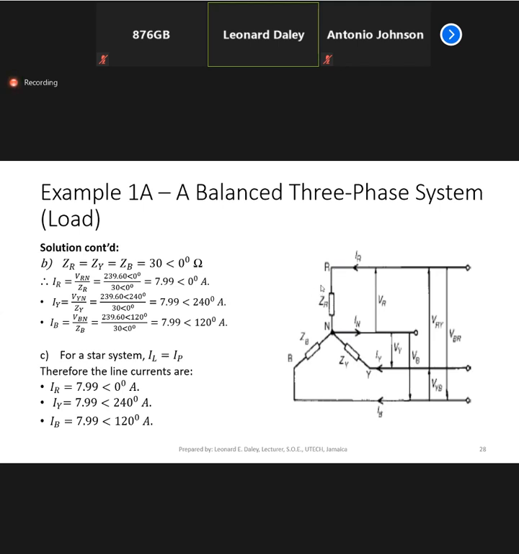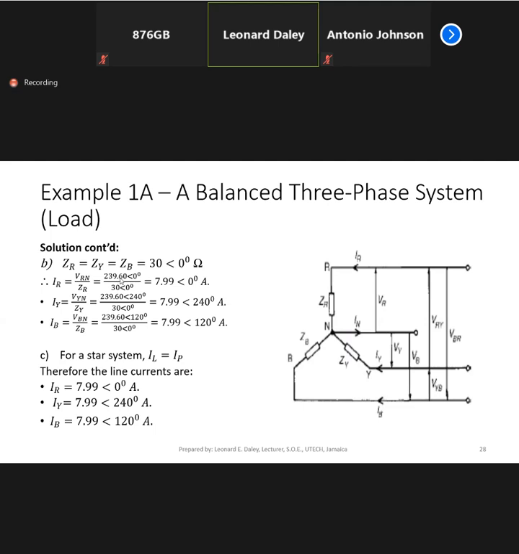So make sure you understand this now. To find the current in a phase, it's going to be the phase voltage divided by the phase impedance. And you're always going to start out by trying to find the phase currents, whether it's a star or delta system. So phase current is equal to phase voltage divided by phase impedance.